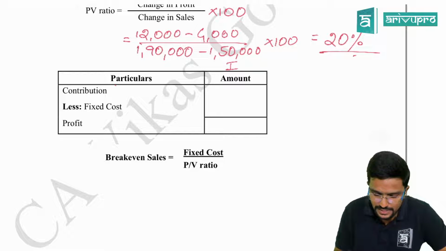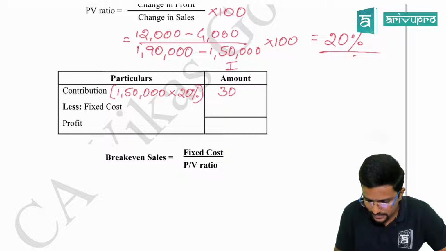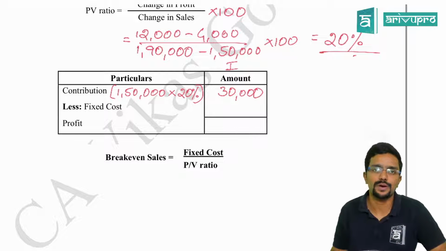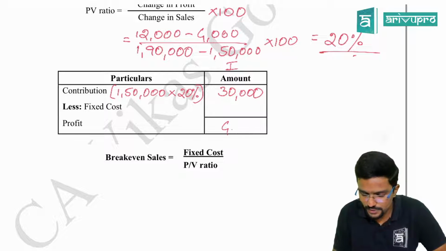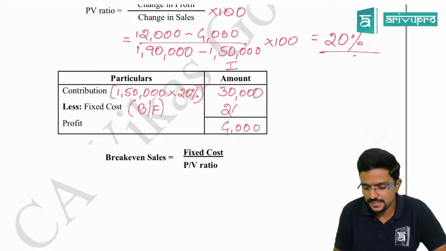Contribution. So what is the sales for period 1? 1,50,000 into PV ratio 20%, which is equal to 30,000. Fixed cost is not given, but profit for period 1 is given. How much? 4,000. So that means my fixed cost is my balancing figure, which is 26,000.